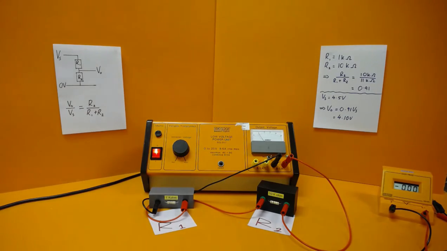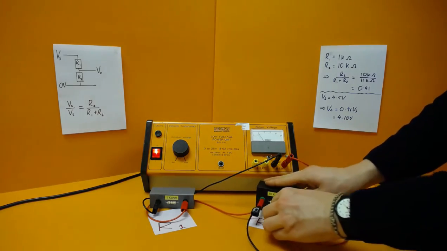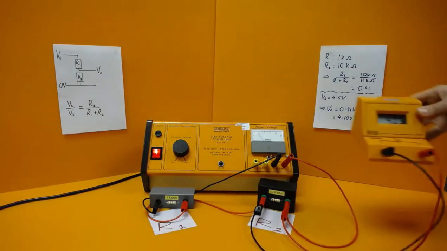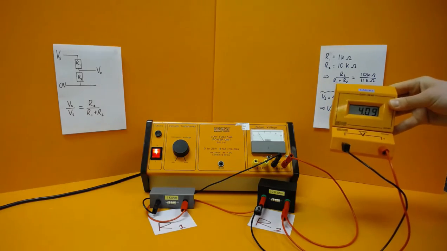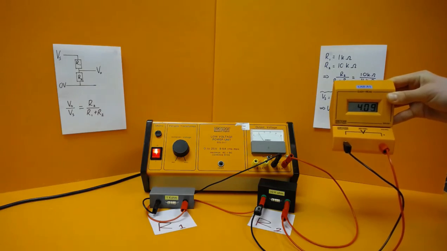So then we multiply the supply voltage by 0.91, so it's 0.91 times 4.5. So we should have an output voltage of 4.10 volts. And again, we're going to verify this on the voltmeter. So we're pretty close again. If you round it, it's 4.1.